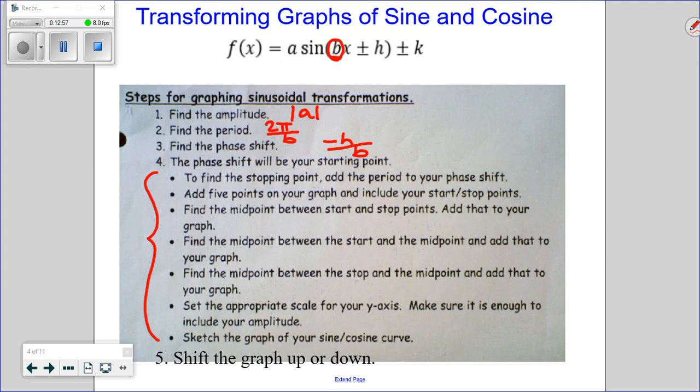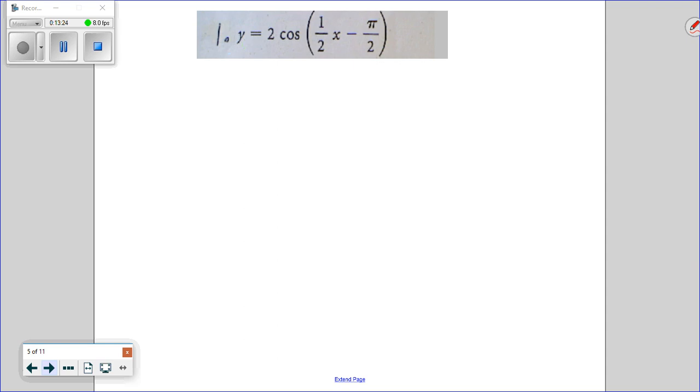Then you're going to find the midpoint between the start and stop points and add that to your graph. I actually am going to let you skip these 2 because otherwise it's going to be very time consuming to sketch these graphs. Then you're going to set the appropriate scale for your y-axis, which is basically your amplitude, and then you're ready to just sketch sine or cosine. All right, let me show you how this looks in action.